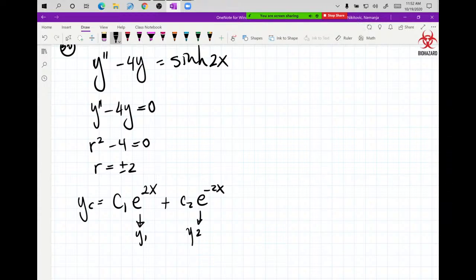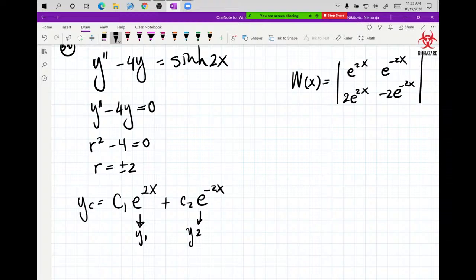All you need to do now is plug all of this stuff into the formula, and just plow through calculations. So now, what's the Wronskian? It's going to be e to the 2x, e to the negative 2x, 2e to the 2x, and negative 2e to the negative 2x when you do the derivatives.